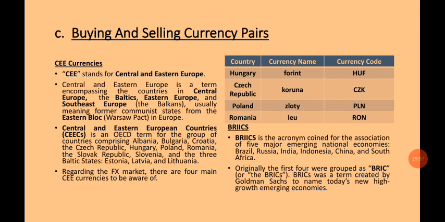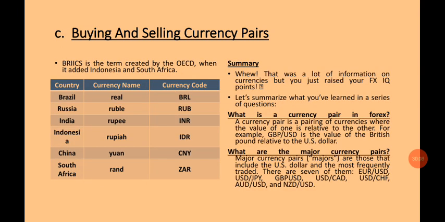BRIC is a term created by Goldman Sachs to name today's new high-growth emerging economies. BRICS is the term used when South Africa was added. Here you can see the different BRIC countries and their currency name with the currency code.